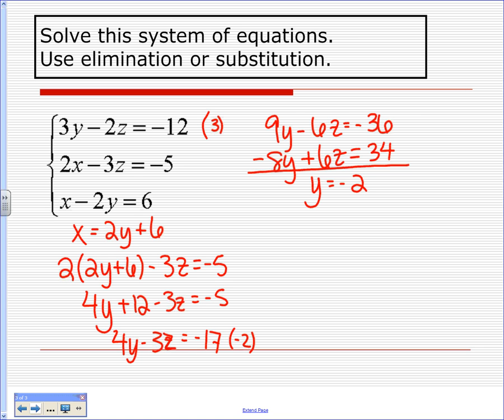What did you get for that equation? 12 plus 4y minus 3z equals negative 5. And then what did you get when you moved that number over? Yeah, negative 17. 4y minus 3z equals negative 17.